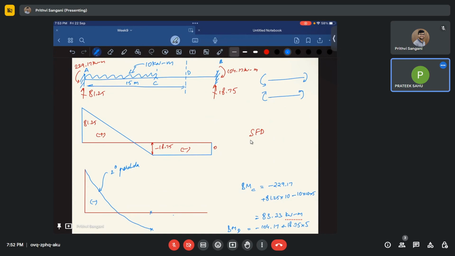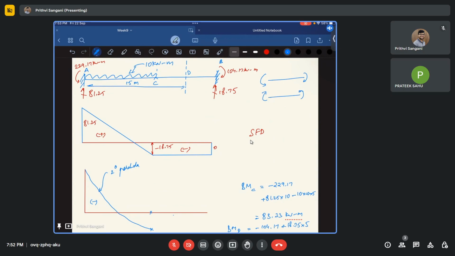Right now our condition is the first one, right? If towards the right side it is in clockwise direction, then it is hogging, right? Now what is going to happen is it is going to move in this direction.